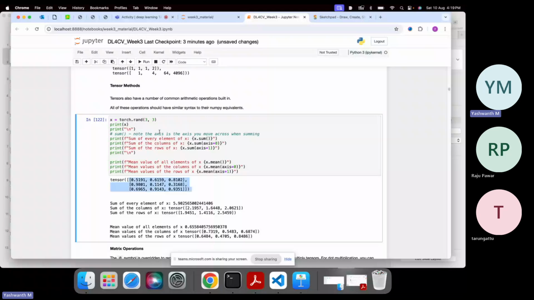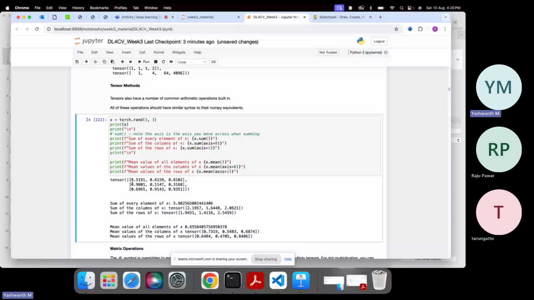And the second is when you do x dot sum, it sums up all the 9 entries of this tensor, right, which you get as 5.9. And when you do the sum of axis 0, it sums along this axis. So for each column, it sums along this axis.